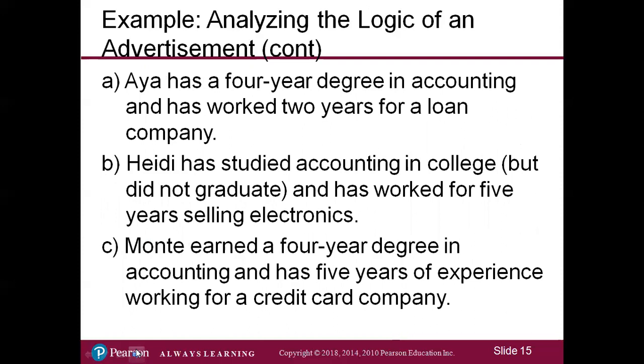A. Aya has a 4-year degree in accounting and has worked 2 years for a loan. Heidi has studied accounting in college but did not graduate and has worked for 5 years selling electronics. And Monty earned a 4-year degree in accounting and has 5 years of experience working for a credit card company.